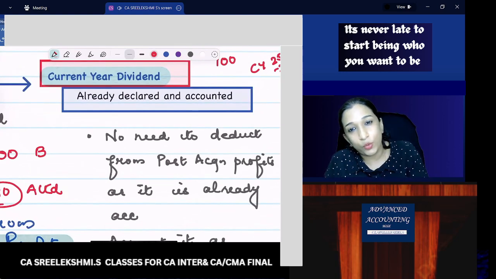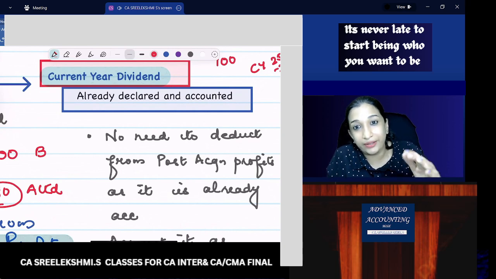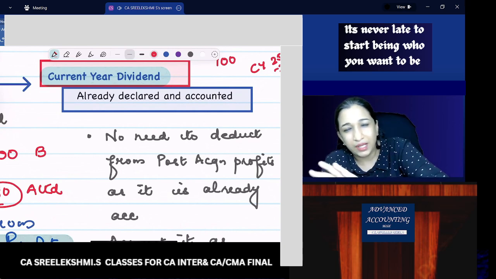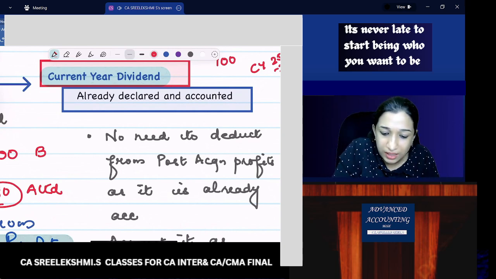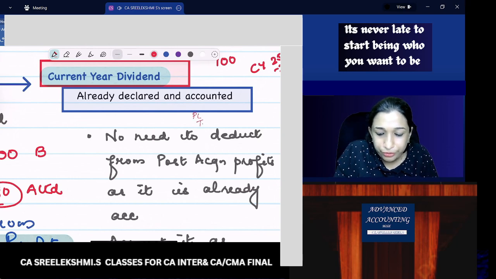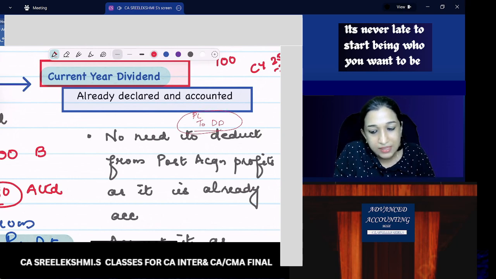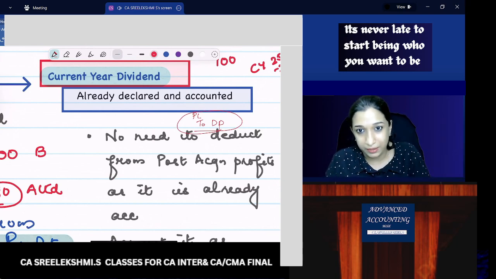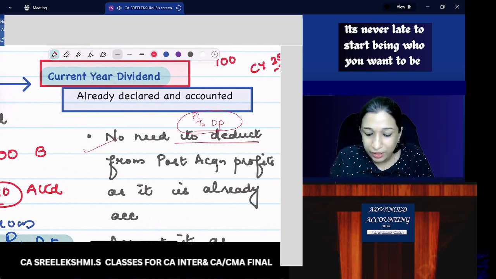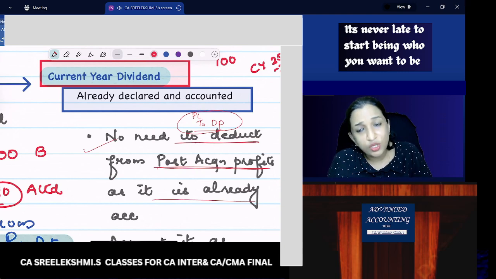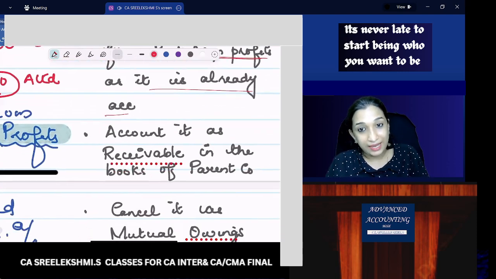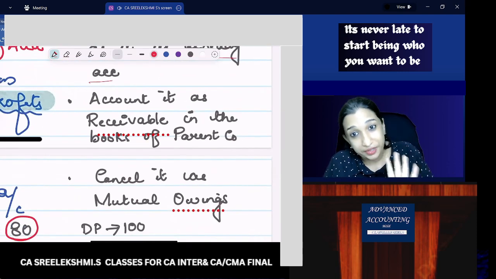If already declared and accounted, meaning they already passed the journal entry P&L to dividend payable, then no need to deduct from profits because it's already accounted. A current year dividend means a post-acquisition dividend, already deducted, already accounted. Then no need to deduct again from the subsidiary's profits. From the subsidiary's point of view, it is already accounted.